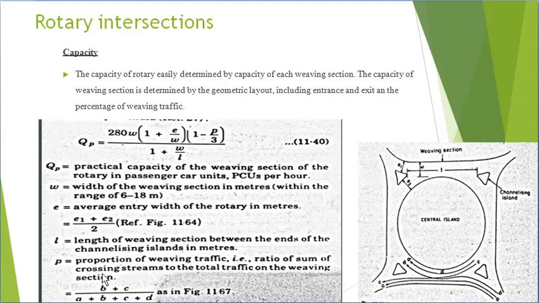This is the length of weaving section, and P is the proportion of weaving traffic, that is obtained by this equation: (B plus C) divided by (A plus B plus C plus D), and these A, B, C, D are shown in this area. A is the left turning traffic moving along the left extreme lane. B is the crossing or weaving traffic turning towards right while entering the rotary, and C is the crossing or weaving traffic turning towards left while leaving the rotary, and D is the right turning traffic.